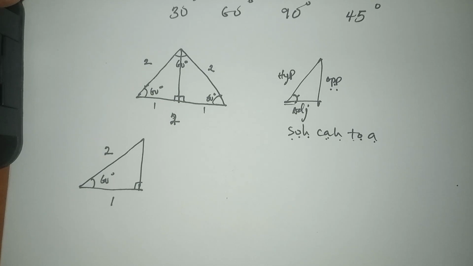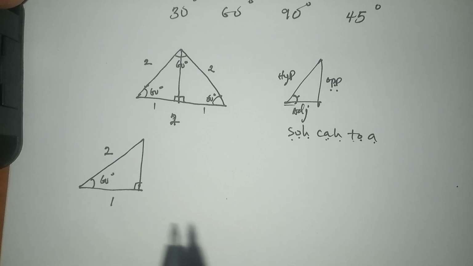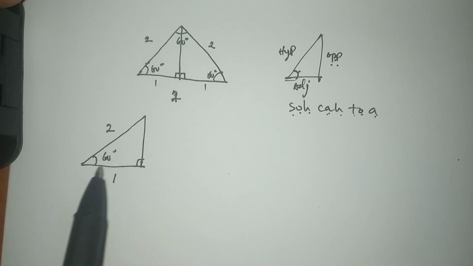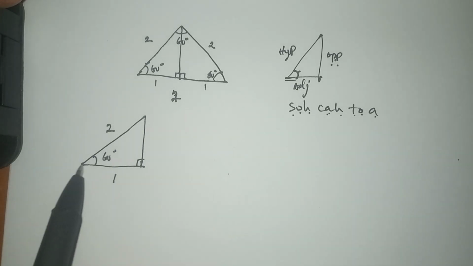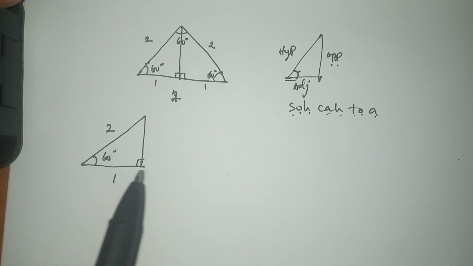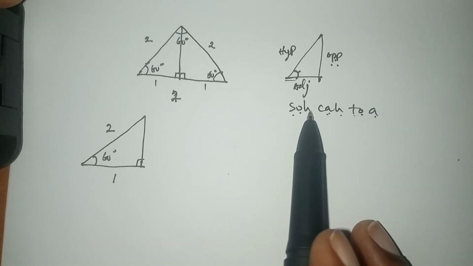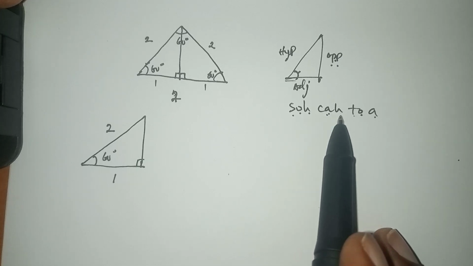All right. Now, here in this right angle triangle, we have the hypotenuse side and the adjacent side, because this is the opposite side. So let's look at what connects hypotenuse and adjacent together. Is there anything like that? Aha, Cah.